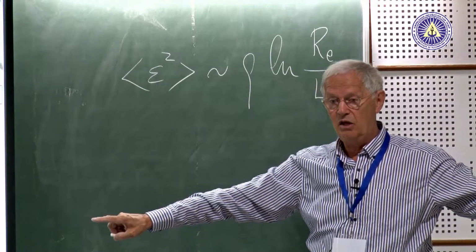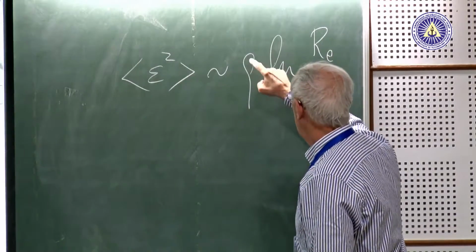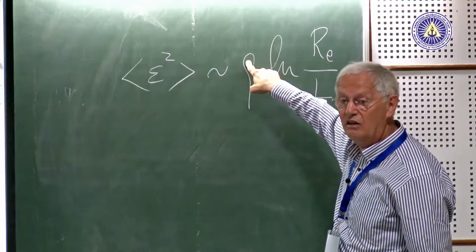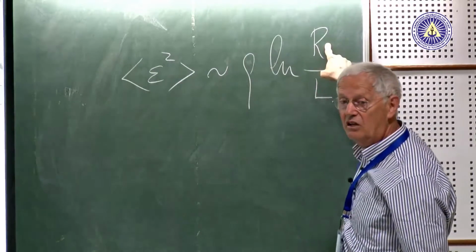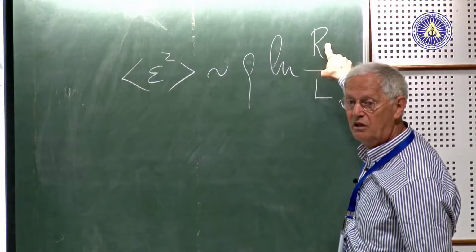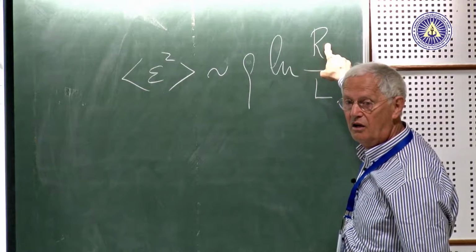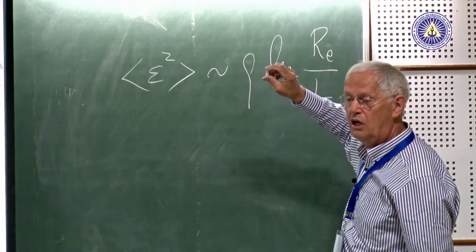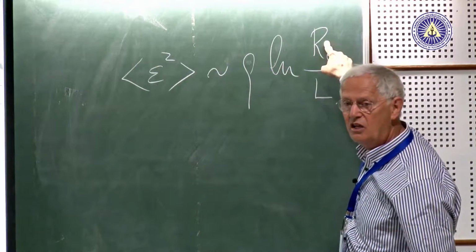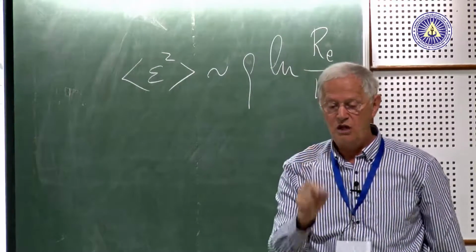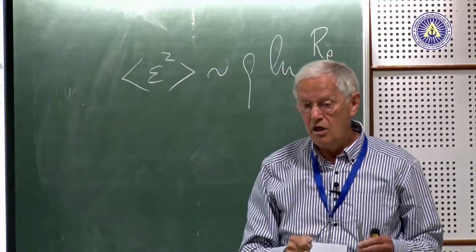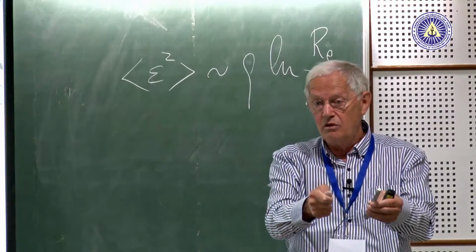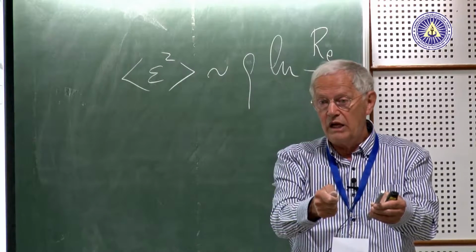Okay? So, the number density is one thing, but the screening is also important. If Re is very small, if the screening is strong, then to have the same breadth, you need more dislocations. Okay?